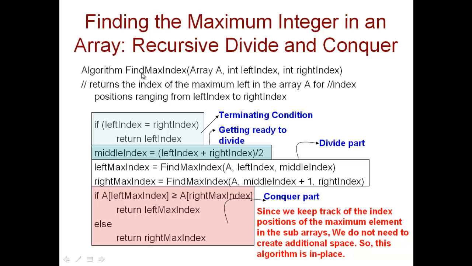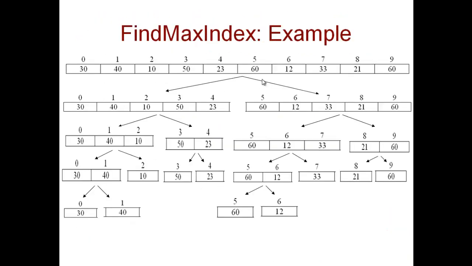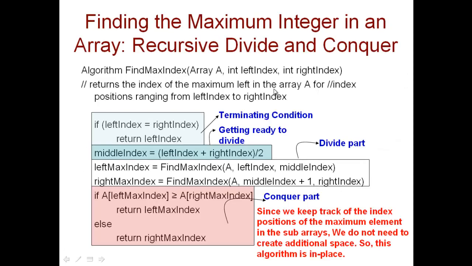So you pass to this algorithm initially the range of the index within which you want to find the maximum. So this code is very generic. For example, you could pass the left index as 0, right index as 9 as the argument. That means you're finding the maximum across the entire array, all the way from index 0 to index n minus 1, which is the right index.